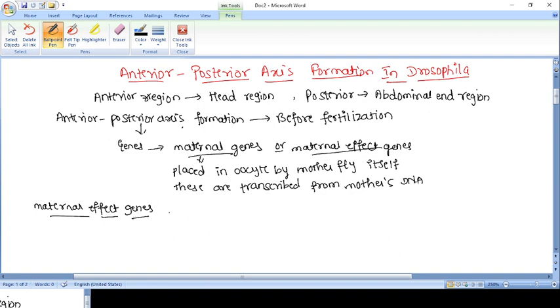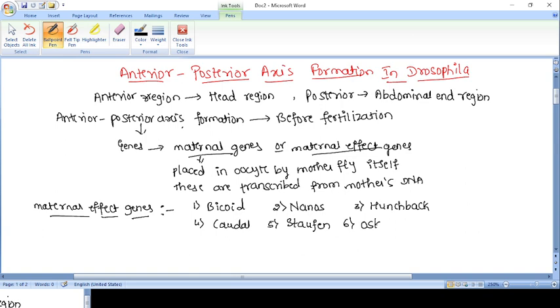Those are: first, bicoid; second, nanos; third, hunchback; fourth, caudal; fifth, staufen; and sixth, oskar. These are the maternal effect genes or maternal genes.